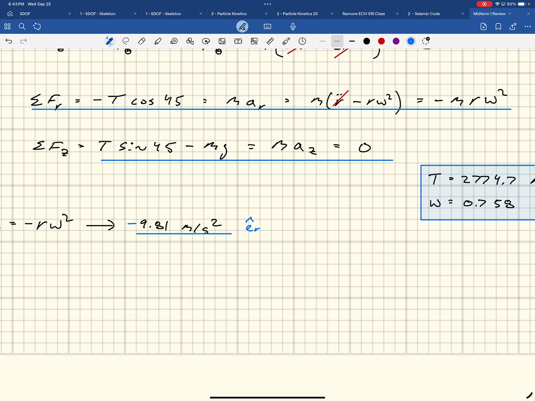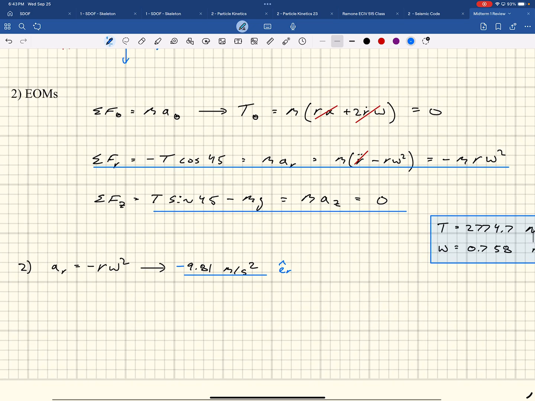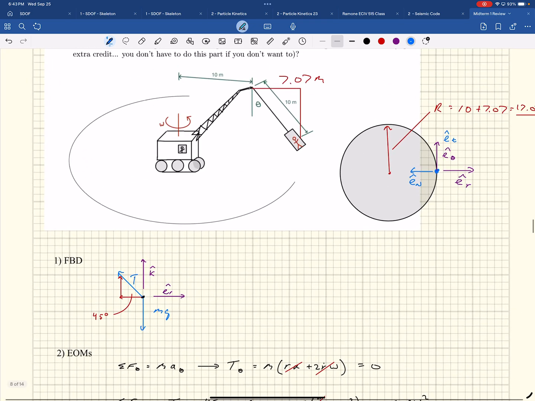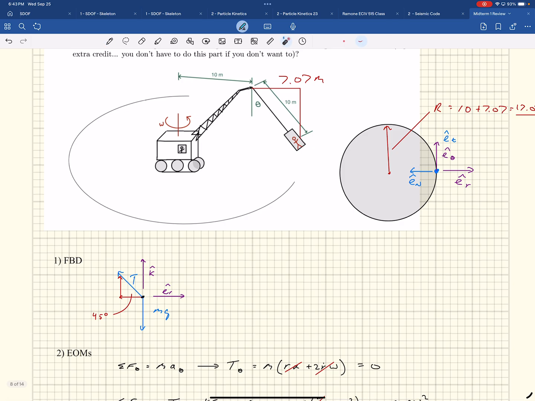Yep, that's exactly right. Because that centripetal acceleration means Calvin must be accelerating back to the middle. If he's not, then he's flying off on a tangent. So he's accelerating back with 9.81, and our ER direction is that way. That's why it's negative, because he has to accelerate back that way.